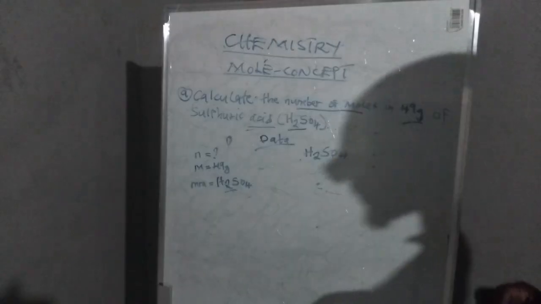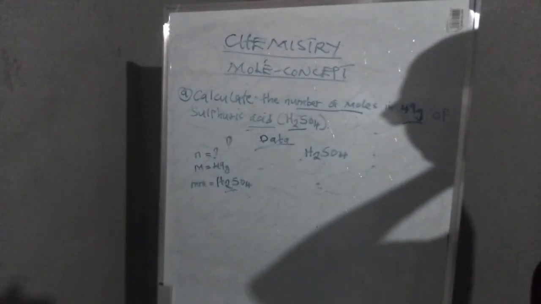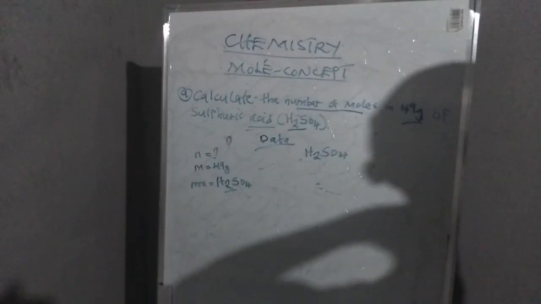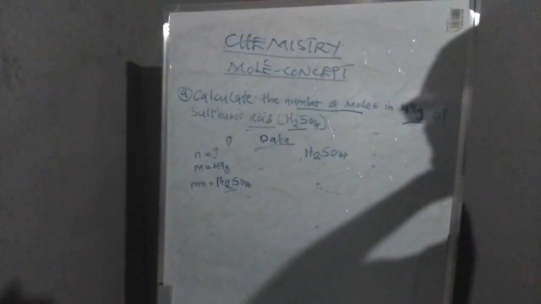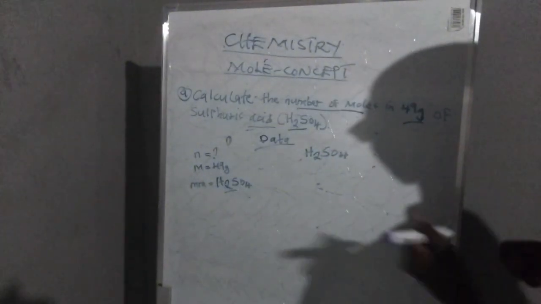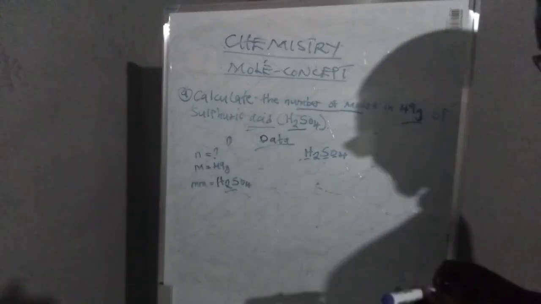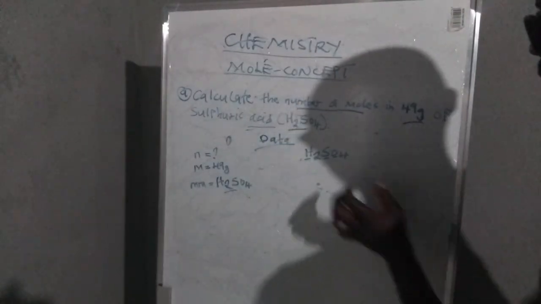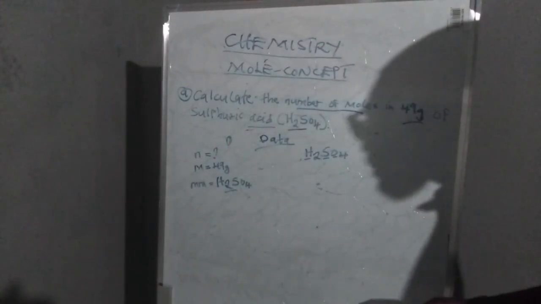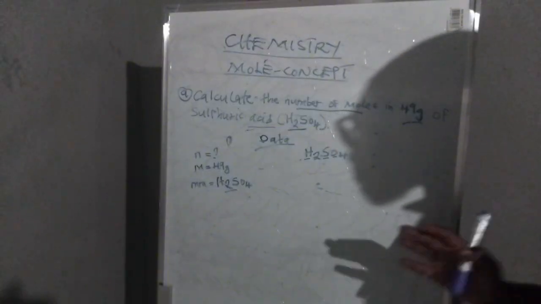Okay? Now, when it comes to mole concept, we are not interested in finding any other number but what is called the molar mass. So here we have got hydrogen, we have got sulfur, and we have got oxygen. Forget about the radical, because here sulfate can be regarded as a radical.